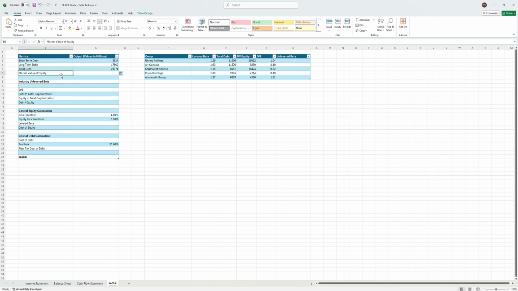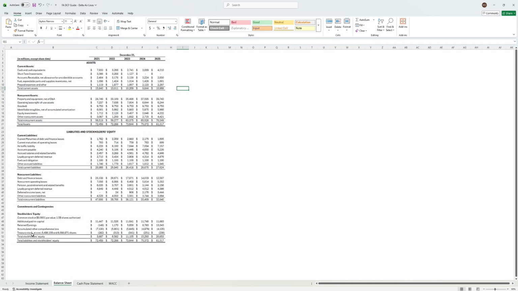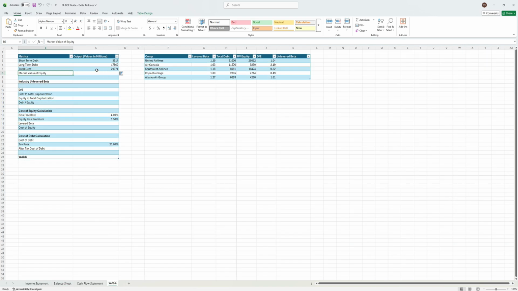One thing for equity, this is something that confused me at first and could confuse people. For the weighted average cost of capital, we want to use the market value of the company's equity, not necessarily the stockholders' equity that we'll see on the balance sheet. So for the market value of equity, I'm just going to make a little note right here for simplicity. We need to find Delta's shares outstanding. I'm doing all this data in millions.